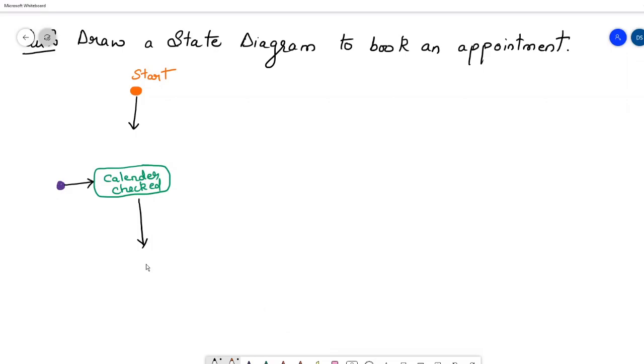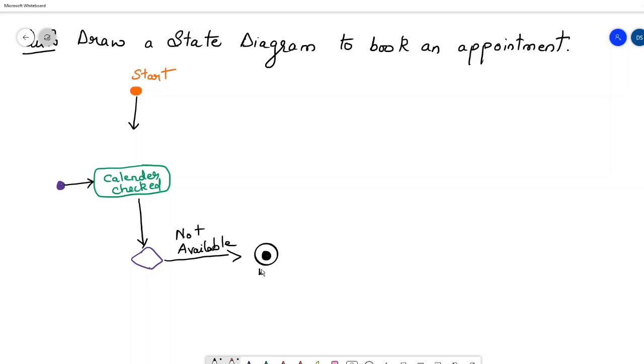There would be two possibilities. If the date is available, we can confirm the appointment. If it is not available, then what should happen? So we'll draw a diamond shape here. The transition would be if not available, which means the appointment could not be given.